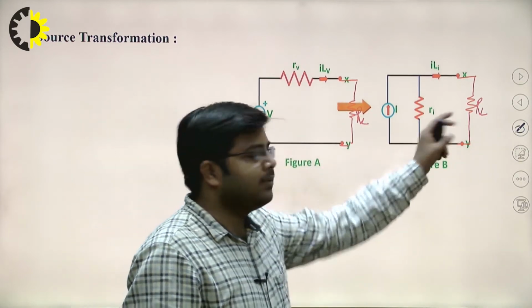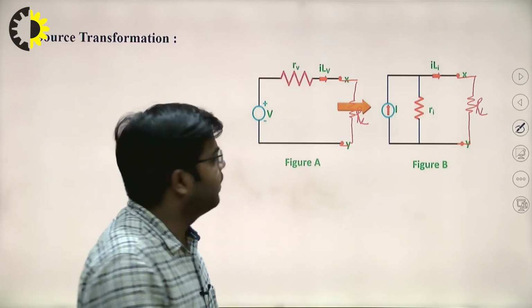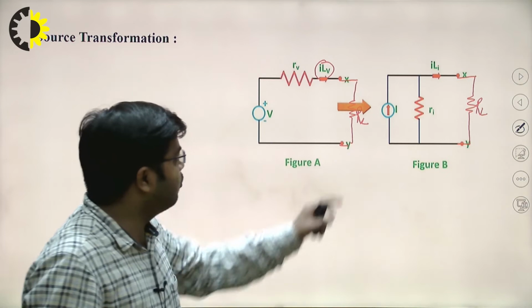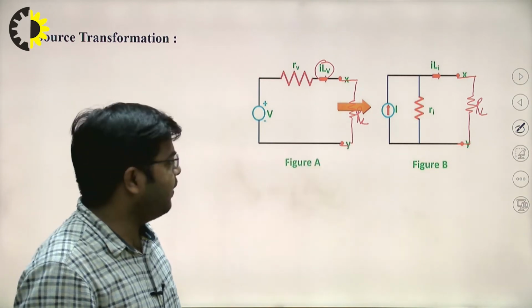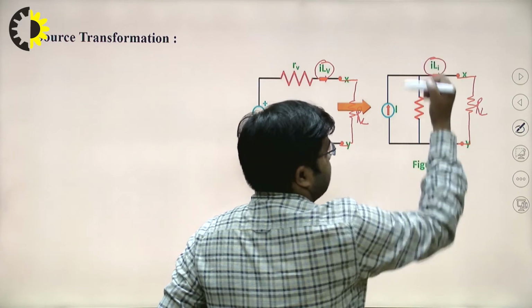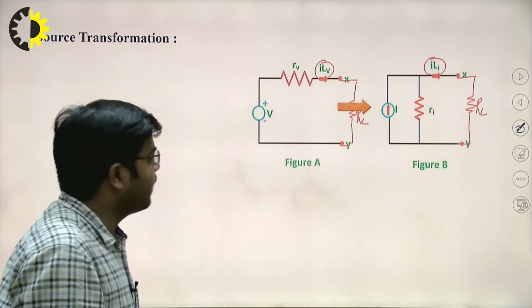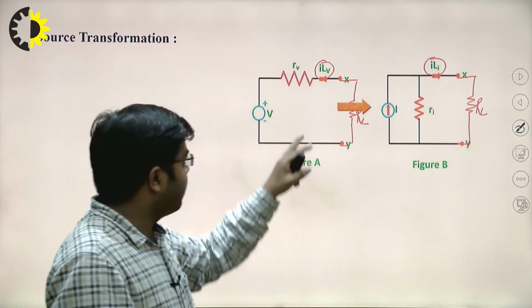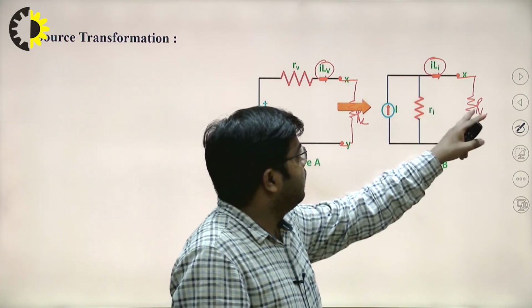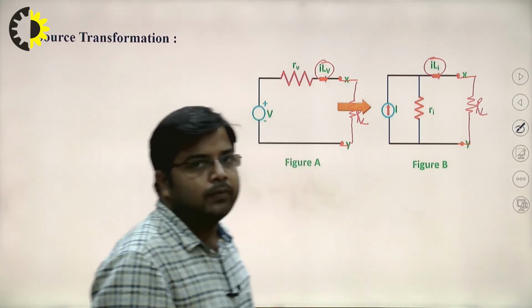So this load is same. So load current will be same. Suppose this is ILV, which is the current through this load resistance RL, and in this case this is the load resistance. Okay. So first calculate the load current value in this circuit.